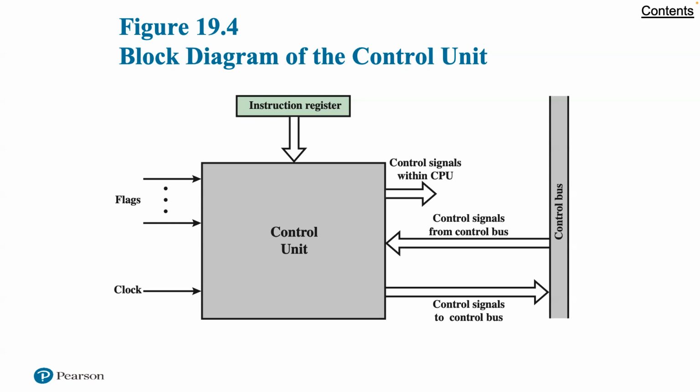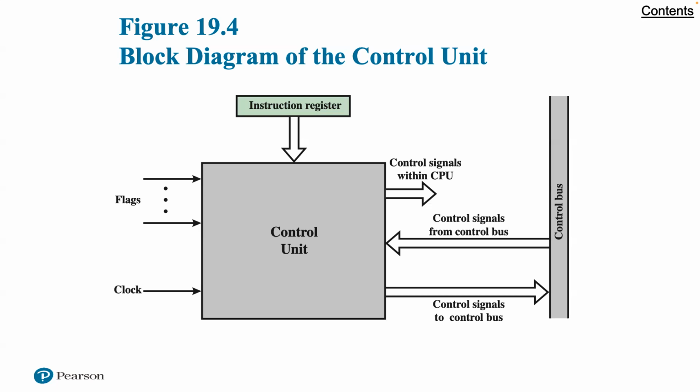The next step is to read a word from memory into the MAR and increment the PC. The control unit does this by sending the following control signals simultaneously. A control signal that opens gates allows the contents of the MAR onto the address bus. A memory read control signal on the control bus.